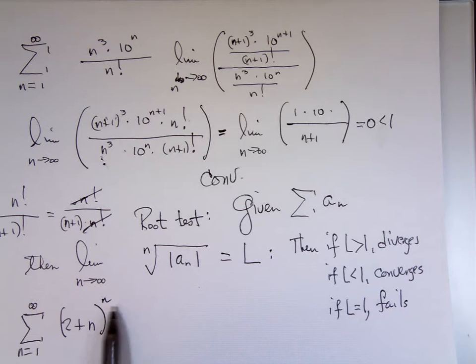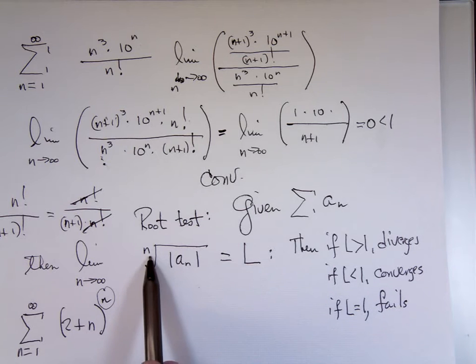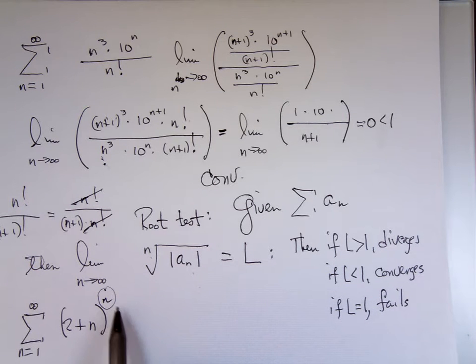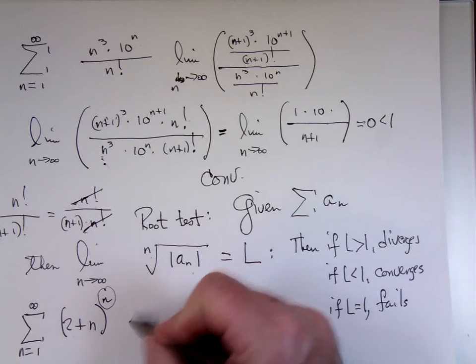You use the root test when you have an exponent of n out here by itself. Why? Because the root test, by taking the nth root of that nth term, cancels that n. And then you just do the absolute value, and then you just look at the other one. So here's what you do.